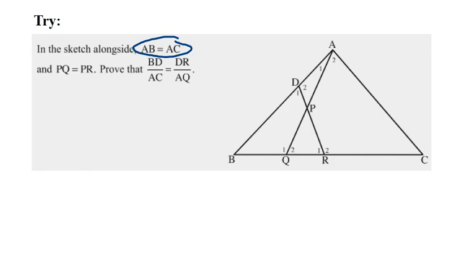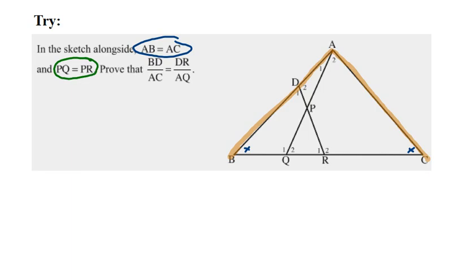So let's take note that AB, which is this entire side of that triangle, is said to be equal to AC. And of course, this is not just given for vibes. The reason it's given is so that you may notice that ABC is an isosceles triangle, so the angle B must be equal to the angle C. But that is not the only bit of information given.